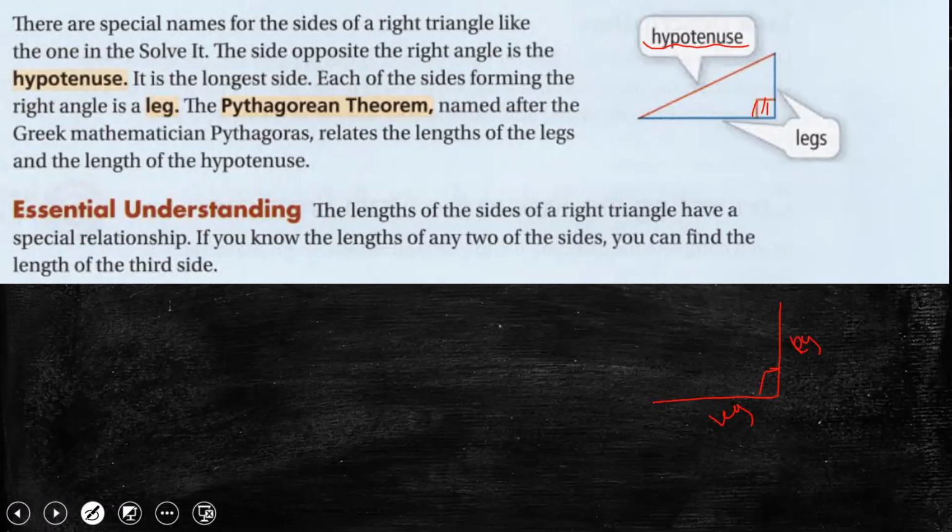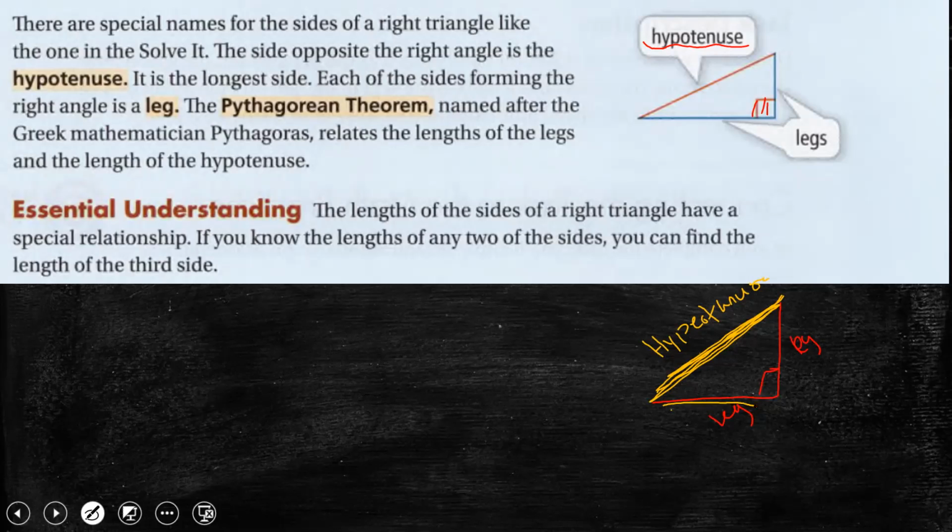And the side that is opposite to the right angle, which is the longest side, as you see, will be the hypotenuse. Look at the length of this side, the yellow one. It is greater than the red one, is it right? That's why the hypotenuse is the longest side.